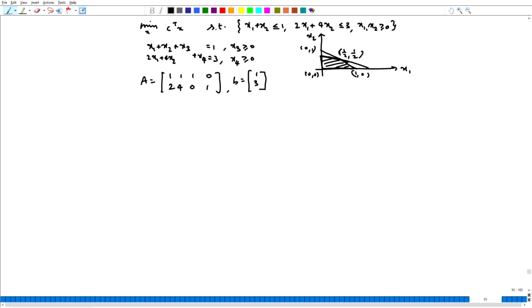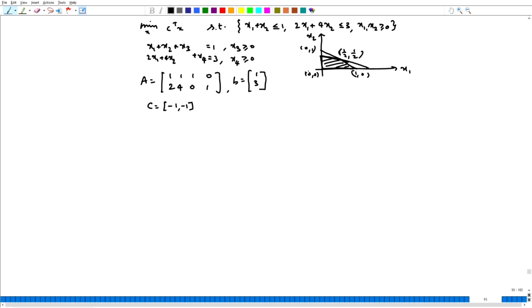Something I want you to note as far as c is concerned is that suppose I put c as (-1, -1). You know how to find the answer without going through any of the steps, given that we have the geometry. You can just substitute into c transpose x and check which vertex gives you the minimum.